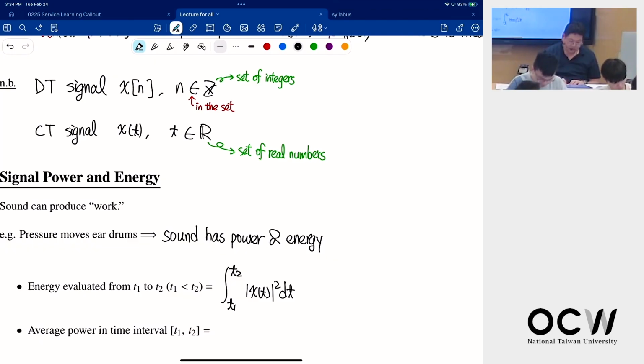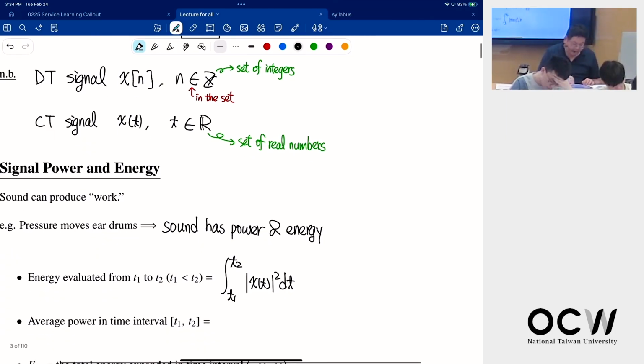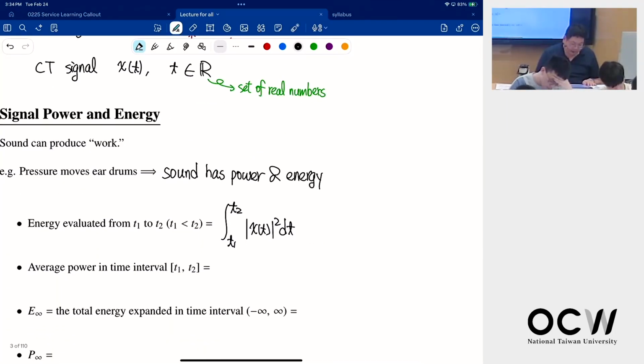I put the magnitude of your signal squared, and the average power in the time interval between T1 and T2 will be 1 divided by T2 minus T1.